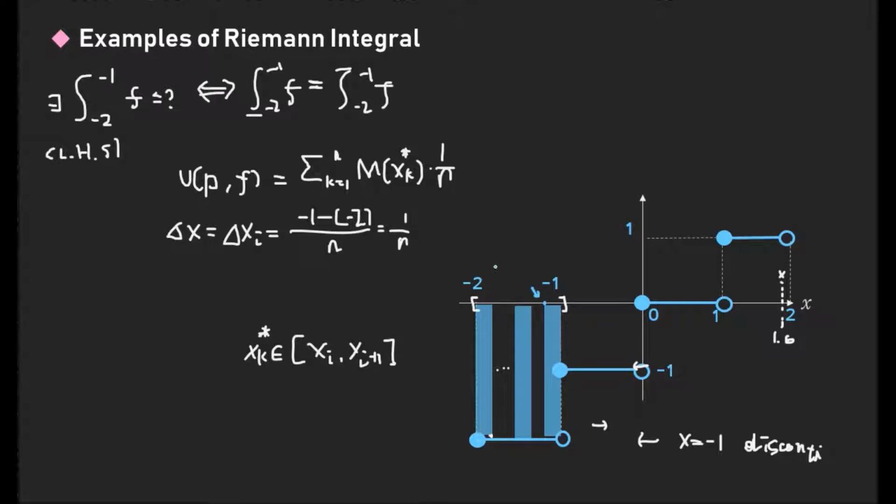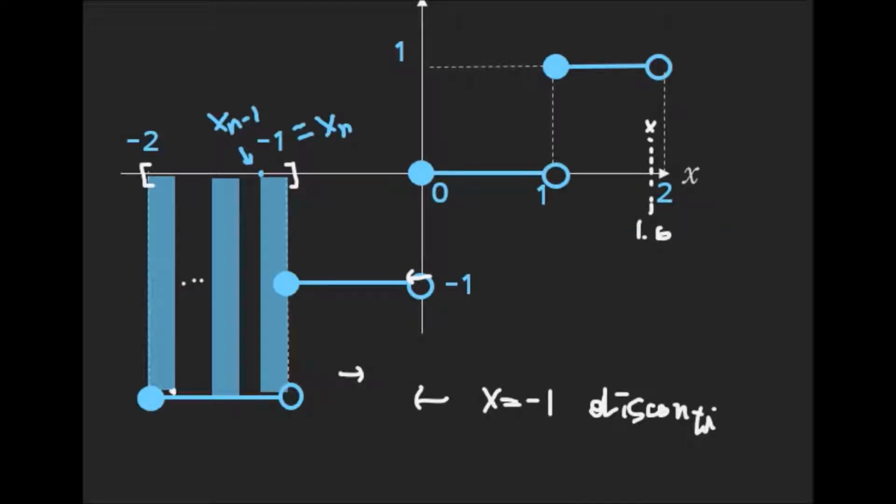For convenience, I put x_n equal to 2. In the last interval, from x_{n-1} to x_n, each element is given, but considering the supremum of this interval, the value is minus 1. So the last rectangle is changed here.